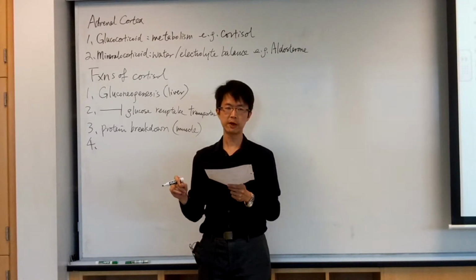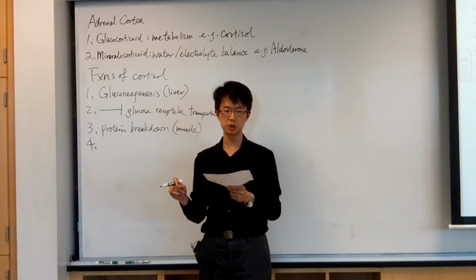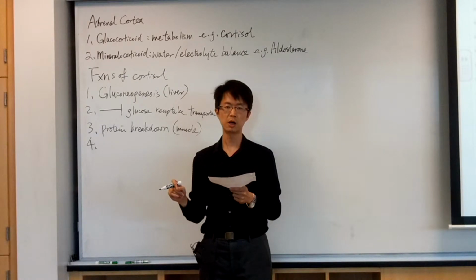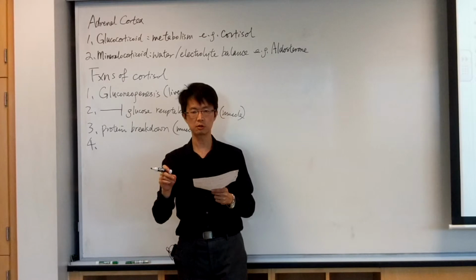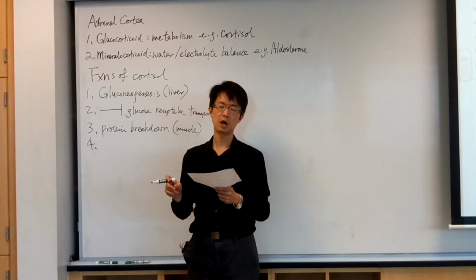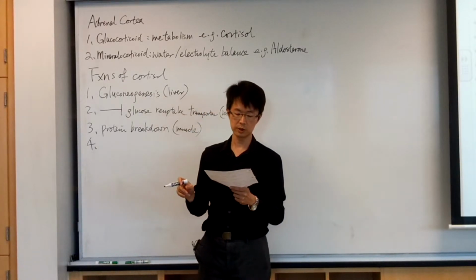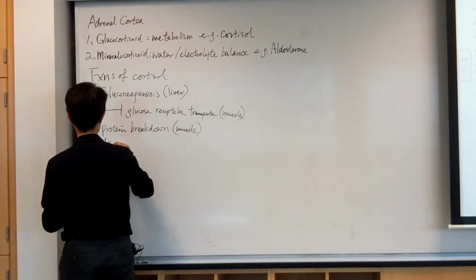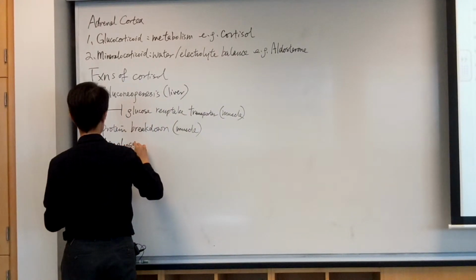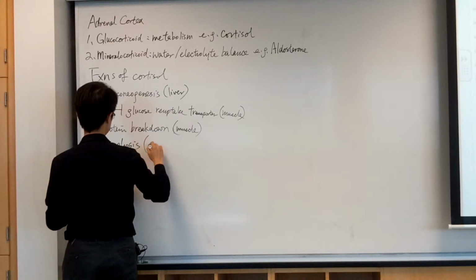So breaking down fat from the adipose tissue will give us more fatty acid and glycerol. And then we can use the glycerol in the liver for gluconeogenesis to make more sugar. So lipolysis, which is in the adipose tissue.